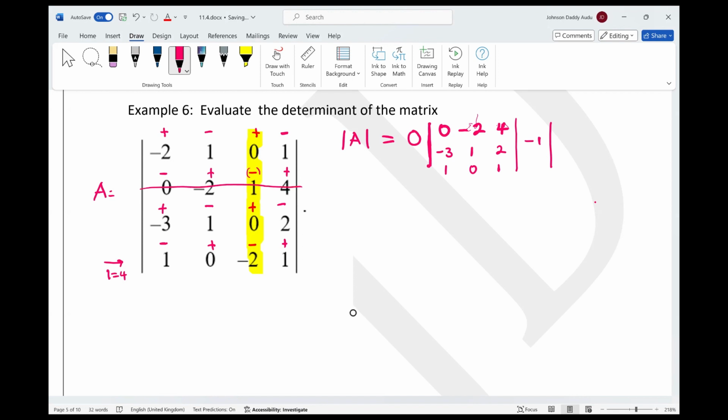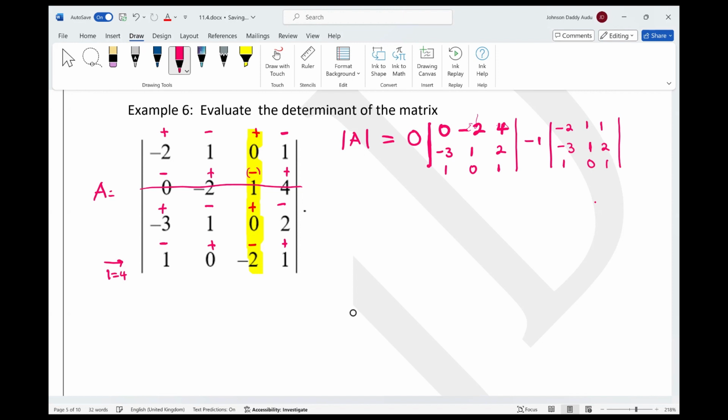What is left now is -2, 1, 1, then -3, 1, 2, then 1, 0, 1. Okay.